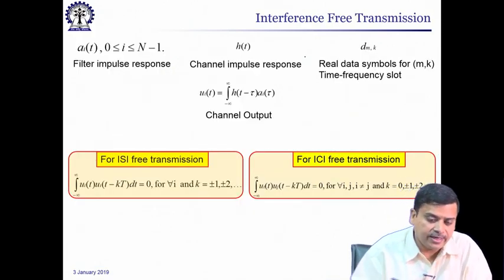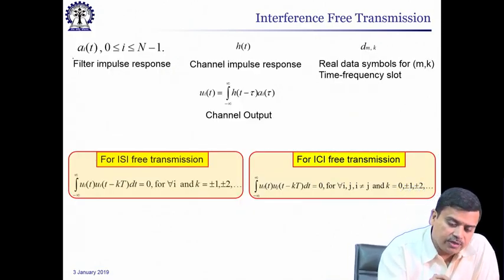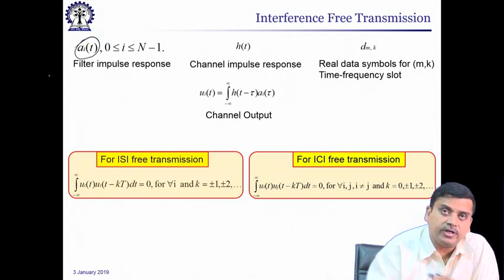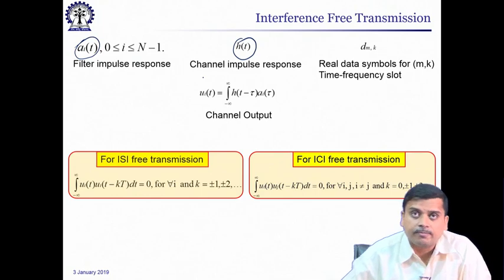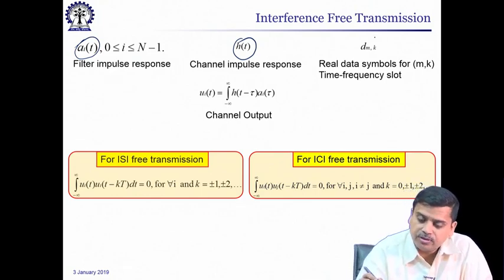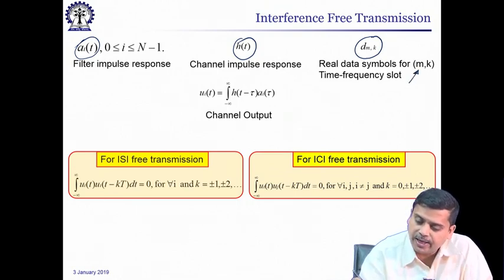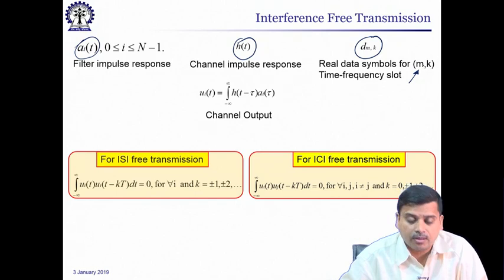So, what we see is that the impulse response is given by a_i(t) for each of the filters, and the channel impulse response is given by h(t), and real data symbols are indicated by d_{m,k} for the time frequency slot indexed by m, k, right.